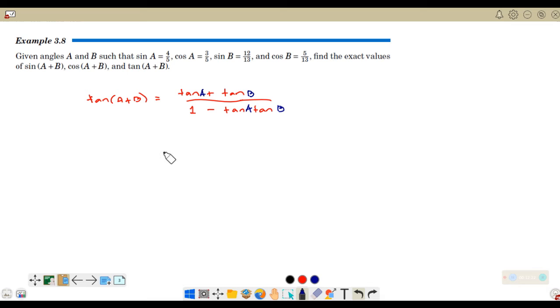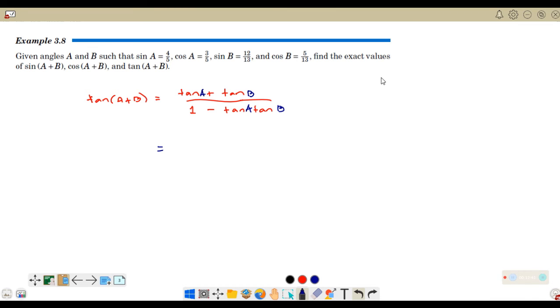We have tangent A plus B naman. So, we already have the formula here. Let's just fill it up. Ano ang value dito ni tangent A? Ano ang value ni tangent B? Paano natin malalaman yung mga values nila?